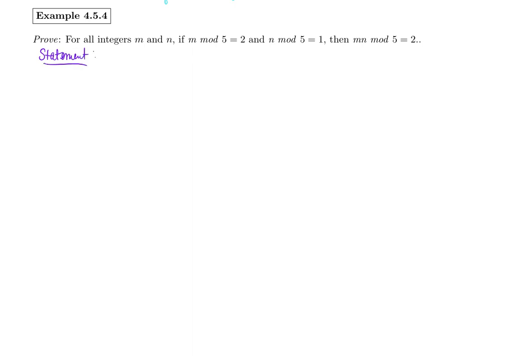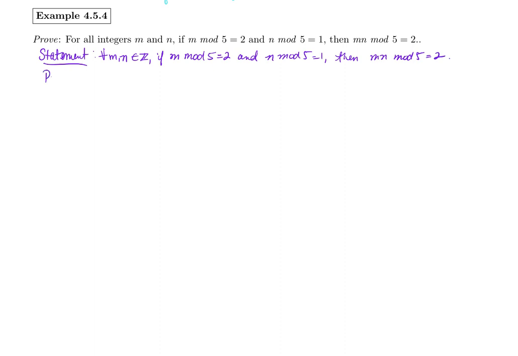For all m and n that are integers, if m mod 5 equals 2 and n mod 5 equals 1, then mn mod 5 equals 2.